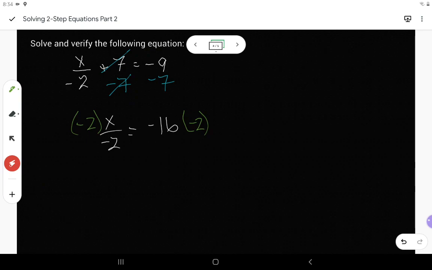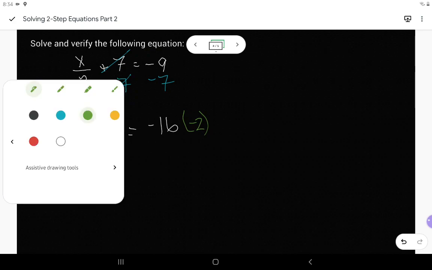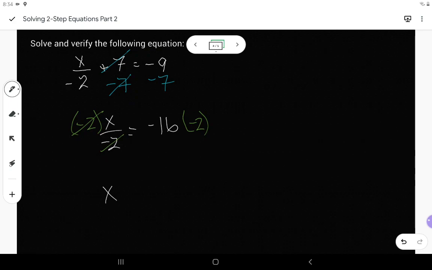That way, when I do the opposite of dividing by negative 2, which is multiplying by negative 2, I take care of the negative right away, and it's going to disappear. Negative 2 divided by negative 2 gives me 1, and then 1 times x is just x. On the other side, negative times negative is positive, and 16 times 2 gives me 32.